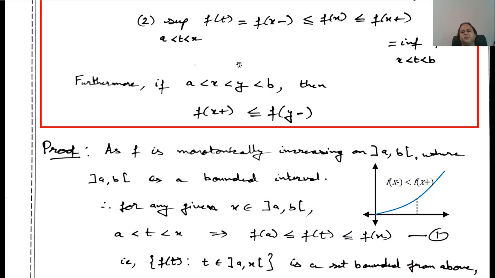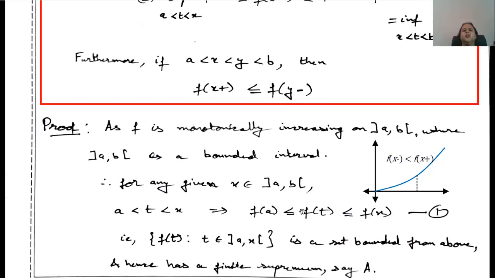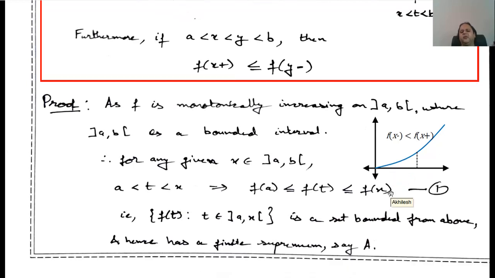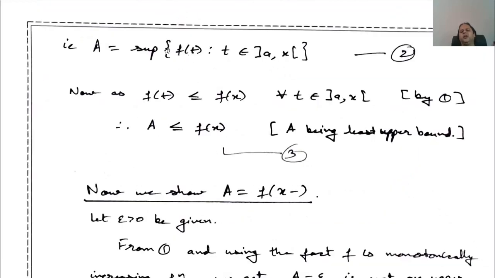Why is it bounded? Because if we have f(a) and f(x) here, the range of the set is bounded between those, because it is a monotonically increasing function. So that's how we can define the supremum of it. Let us call it A. Now we will show that the supremum is less than or equal to f(x), and then that this supremum A is the same as the right hand limit of the function.